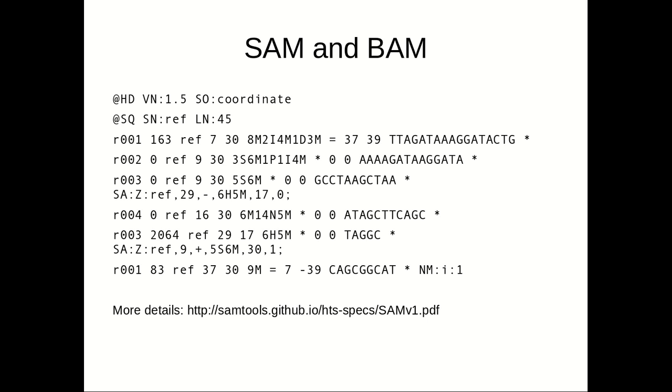A SAM file is a text file, and it's quite large, generally speaking. A BAM file is a binary, so not a human readable file format, but a binary compression of the SAM format that takes up less file space and can be more efficient to process. So it's fairly common to have to convert SAM to BAM at some point in an analysis pipeline.